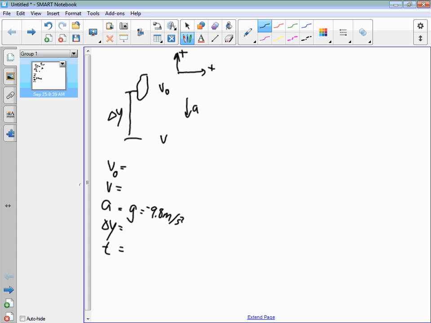Good. What else do I have? Displacement. What is that? Half a meter. Okay, down. It is 0.5 meters, but it's going downwards, and we said downwards is negative. Thus, it's negative 0.5 meters.